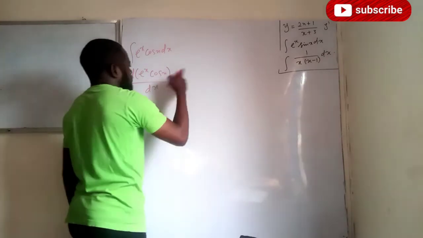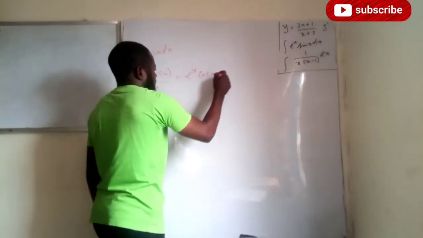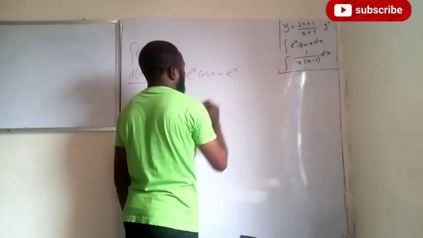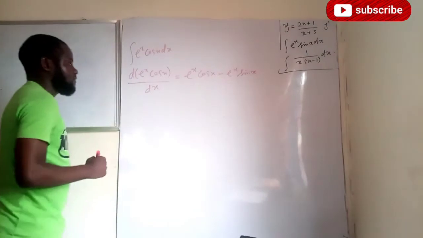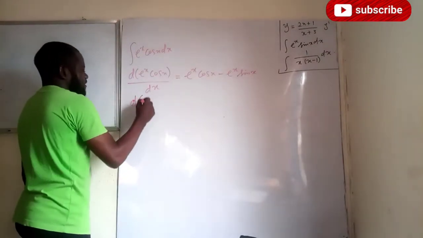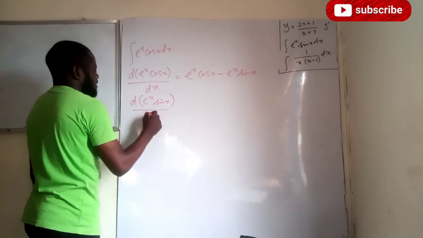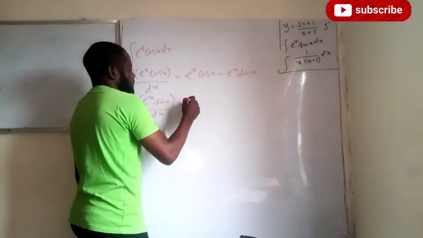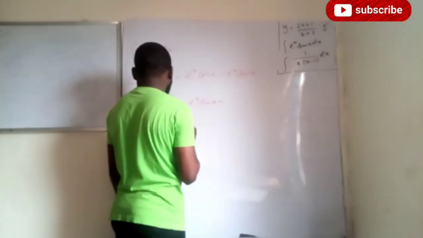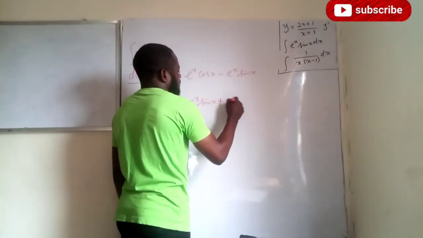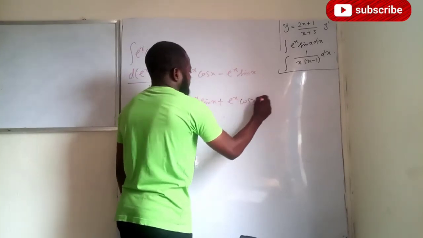This is a product rule. We use the same thing. We have e to power of x cos of x, negative e to power of x sine of x. So we again differentiate e to power of x sine x dx, and this will just give us e to power of x sine x plus e to power of x cos x.